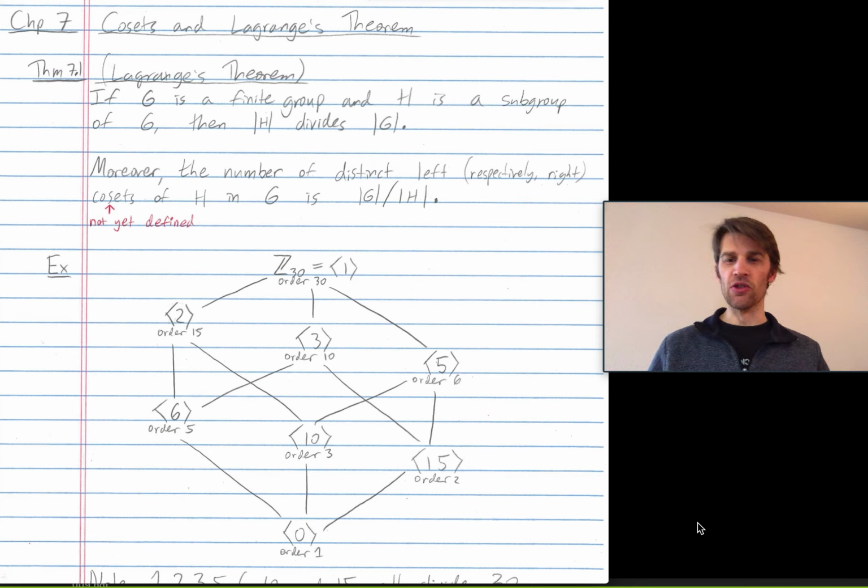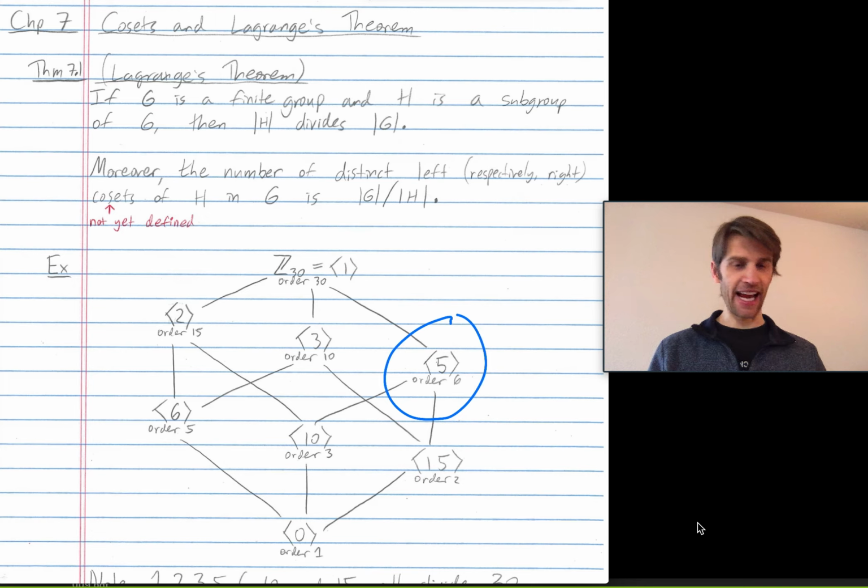Here we have a group, Z mod 30, the group of integers 0 up to 29, equipped with addition modulo 30. Its various subgroups are drawn below. The subgroup generated by 2 contains all the even numbers up to 30. And the subgroup generated by 5 contains 5, 10, 15, 20, 25, and 0.